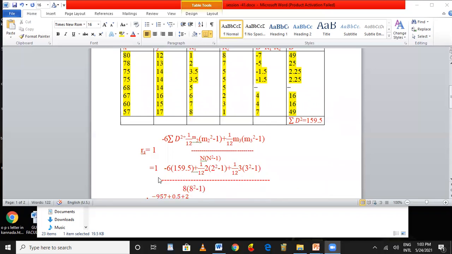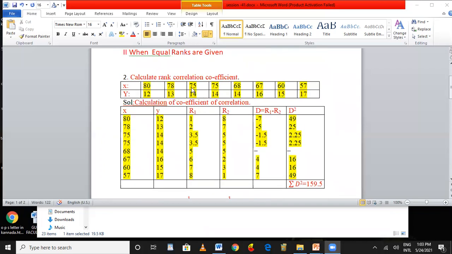Here, 1 minus 6 into sigma d square, 159.5. Then 1 by 12 as it is. Then two ranks have been repeated. In the first series, 75 has been repeated two times.